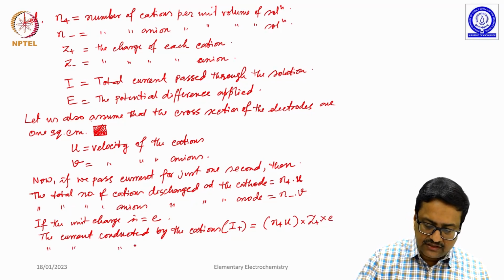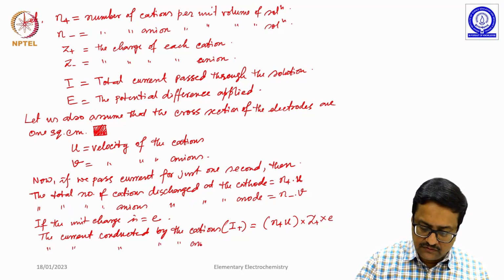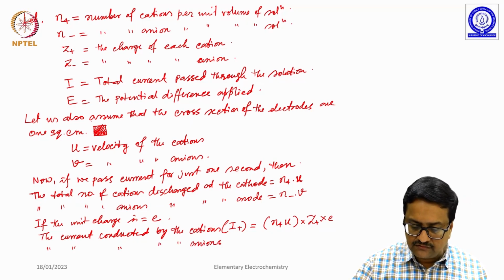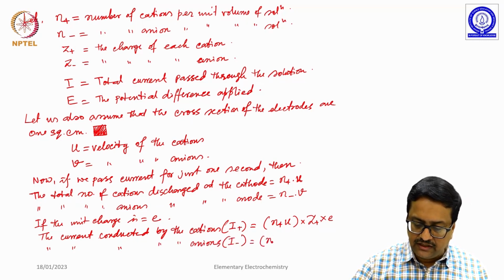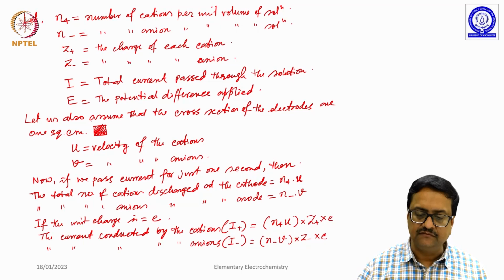Similarly, the current conducted by the anions, which is equal to I minus, is nothing but n minus V into Z minus into E, right.